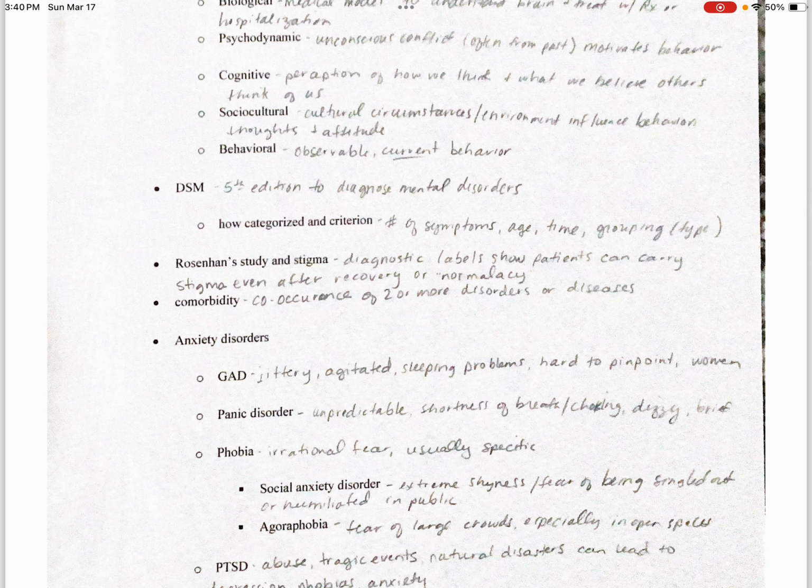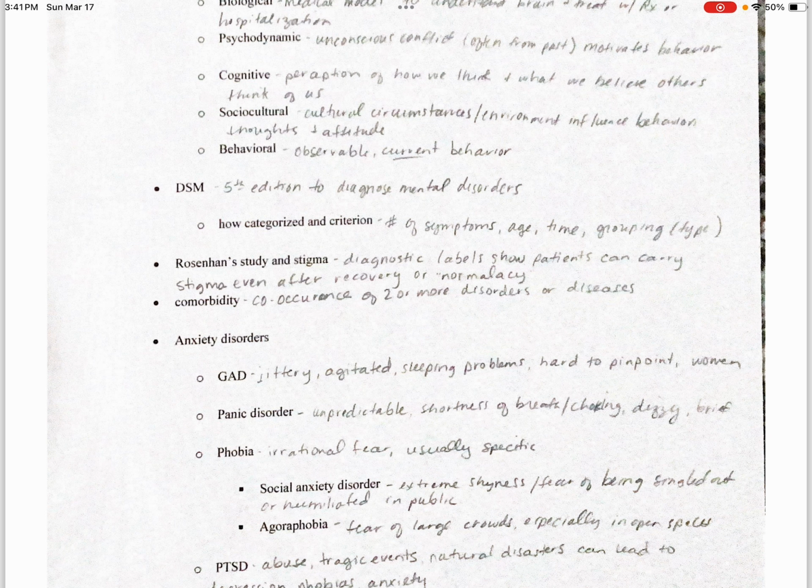Rosenhan's study on stigma was a really important study to understand how diagnostic labels show patients can carry a stigma even after recovery or normalcy. Oftentimes an individual will seek and want to have a diagnosis, which helps them on the road to recovery.